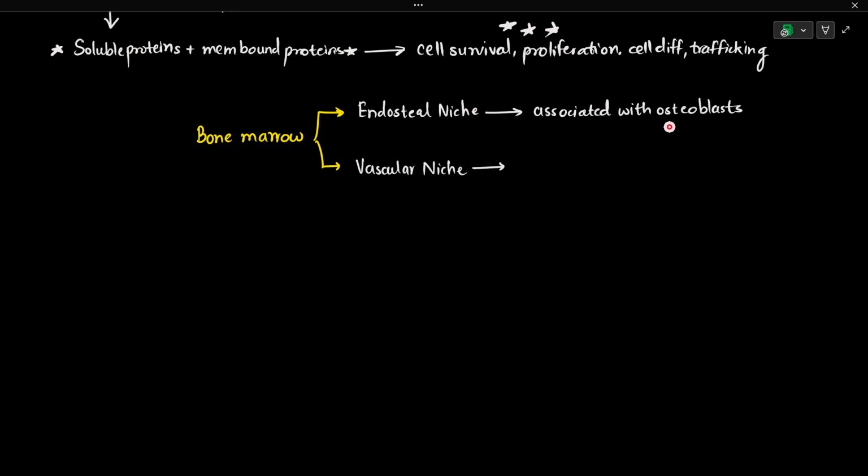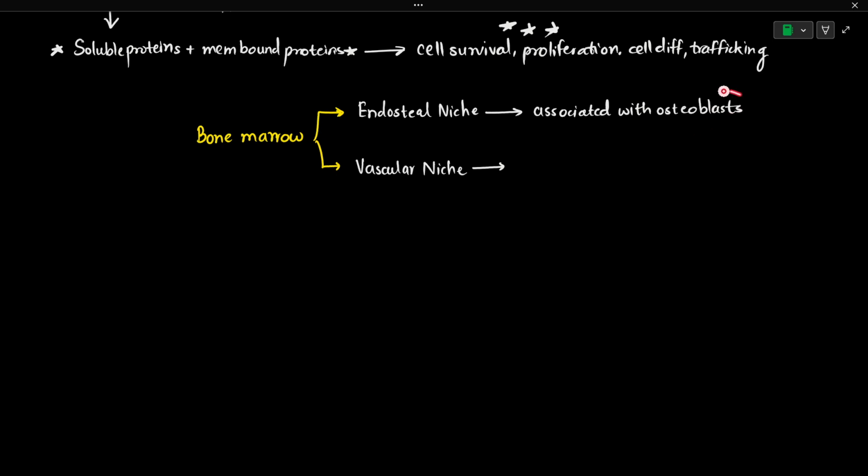I hope you have learned about this at your high school level, that there are osteocytes, which are the mature bone cells. Then there are osteoblasts, which are going to result in the generation of bone, and then there are osteoclasts, which are basically like macrophages, which do the phagocytosis and help in the reabsorption of bone.